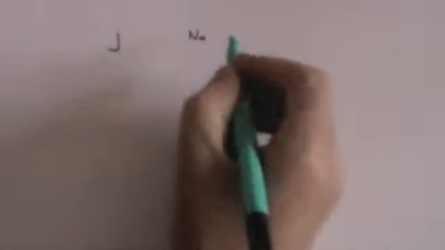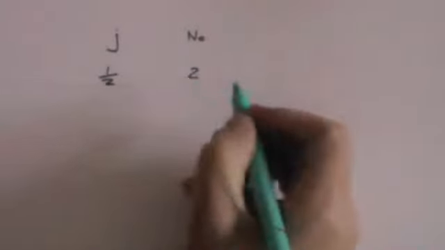Now, in a similar way with electrons, where the number of electrons in any shell is defined by the fact that no 2 electrons can have the same quantum numbers, and therefore there's a maximum number of electrons that can be in any given shell, you find that the value of J determines the number of protons or neutrons that can occupy that value of J. If J is a half, then you can only have 2 protons or neutrons in that state.